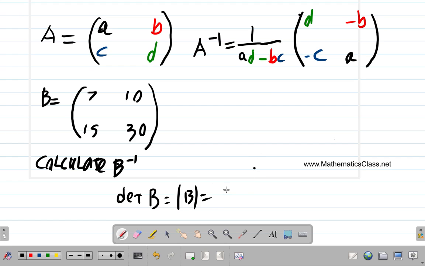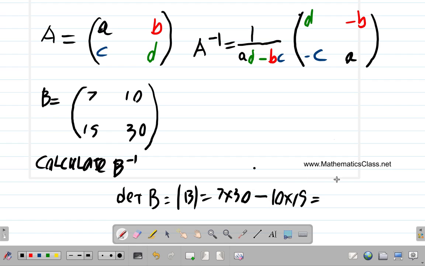This is going to be: multiply the elements in the leading diagonal, 7 times 30, minus multiply the elements in the non-leading diagonal, 10 by 15.